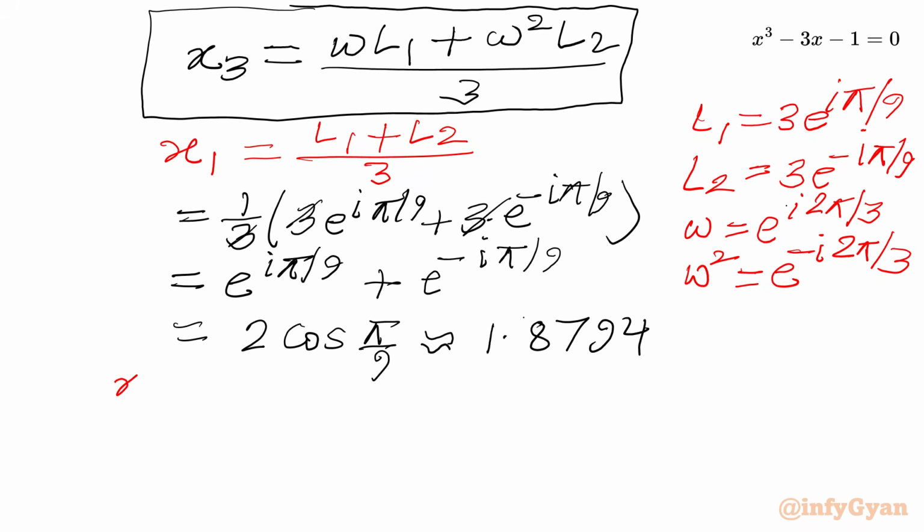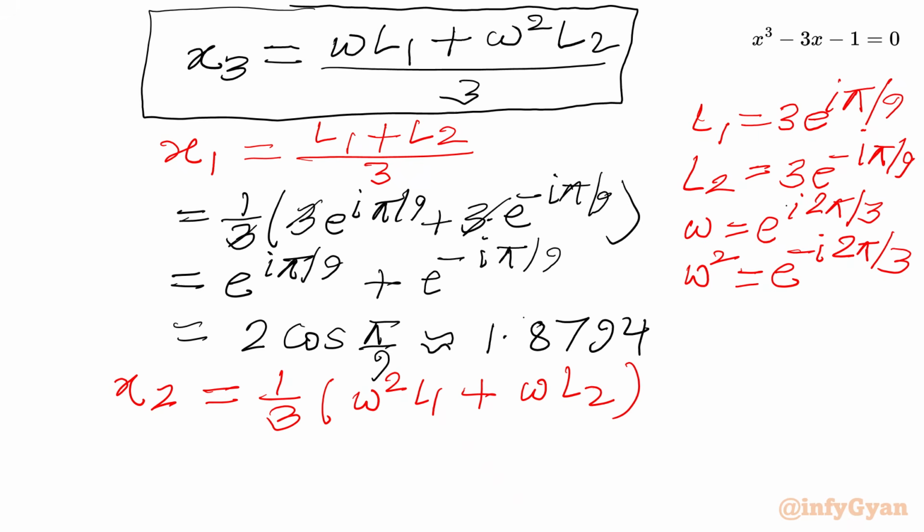Now we have to find x2. So first of all, I will write x2, which we derived here. It is 1 over 3 in bracket omega square L1 plus omega L2. Now we have to plug in omega square, L1, L2 in exponent form, which is here.